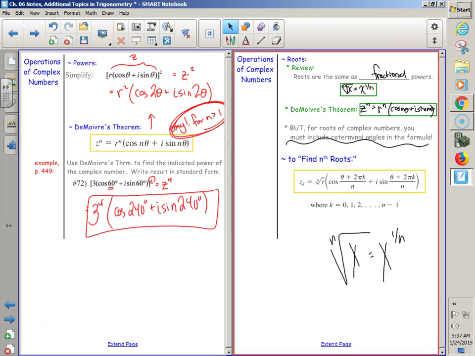For vectors, you're going to be adding vectors. You're going to be finding magnitude and direction of vectors from points, initial and terminal points. Components from points.